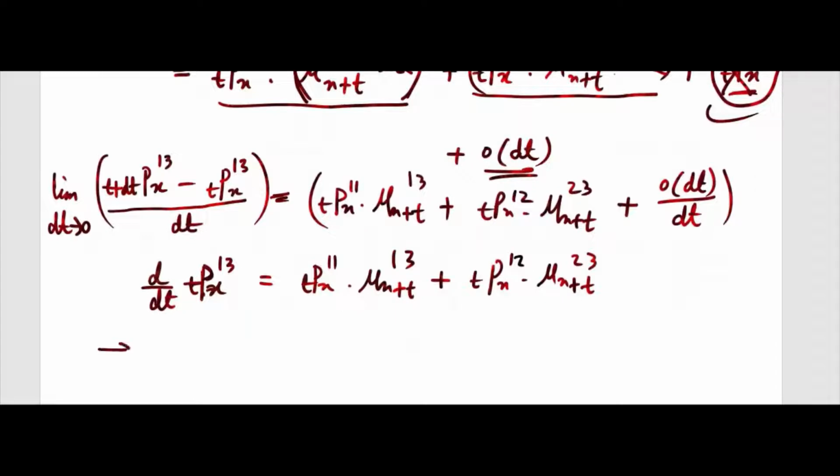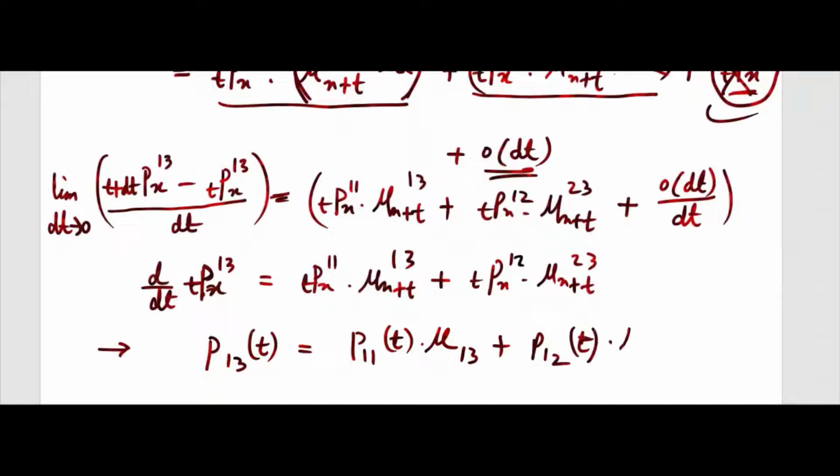This one normally we write this way, p_t^{13}, and we write p_t^{11} mu^{13} plus p^{12} mu^{23}. So these are the ones normally given in the question, or you can estimate from your sample.